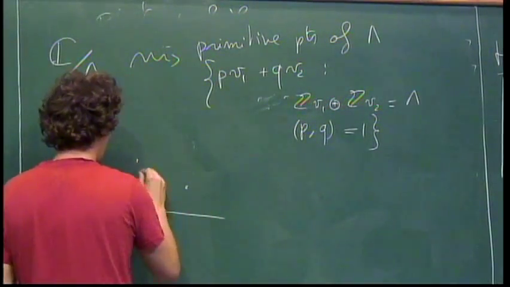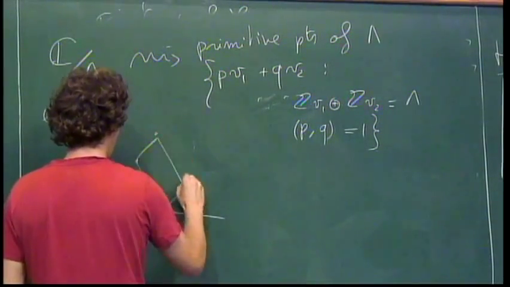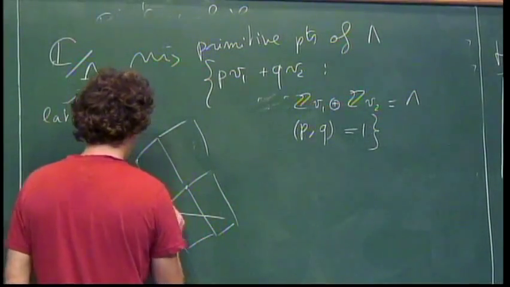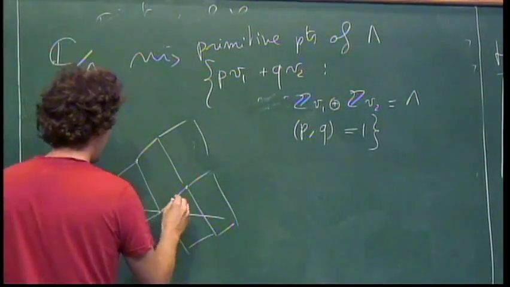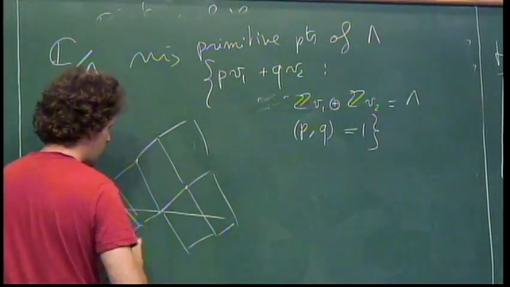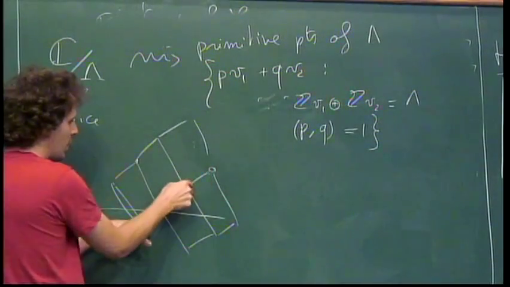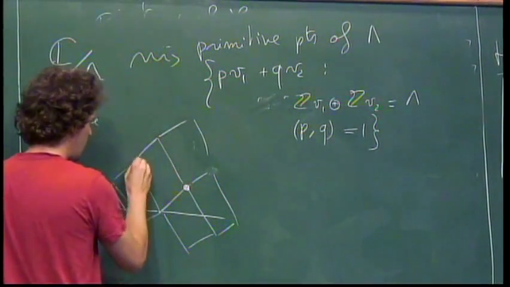So you need to choose a lattice first. Okay, it's almost a picture. And then for primitive points, these points, you will not see them. If you are in the surface, you will not see them because this is blocked somehow by this. So this is not part of the primitive points, but these ones are.